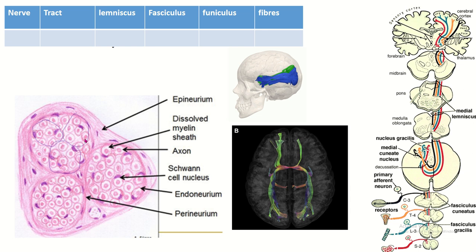Subdivision of the nerve fasciculus is known as the funiculus. Nerve fibers are located within the cerebrum, and they may be part of a tract or part of the fibers which connect the cerebrum with the cerebellum and other parts of the brain.